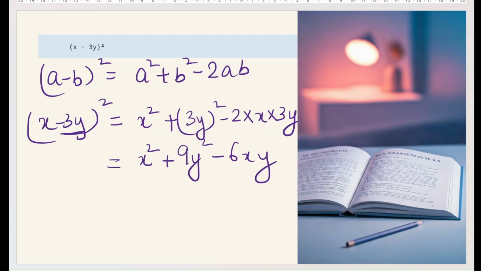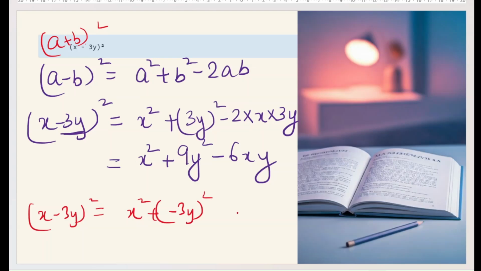In this also, students make one mistake. What is the mistake students make here? So they get confused between this identity and a plus b whole square. What they do is, they write it like this. X minus 3y whole square is equals to x square plus minus 3y whole square minus of 2 multiplied by a multiplied by b is minus 3y. This is wrong. Right? Why?